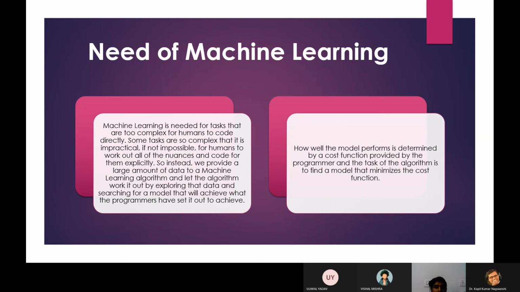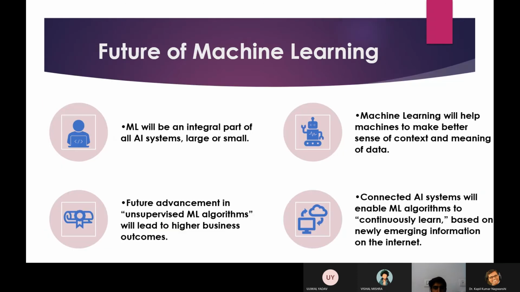So instead, we provide a large amount of data to a machine learning algorithm and let the algorithm work it out by exploring that data, by searching for a model that will achieve what the programmers have set out to achieve. How well the model performs is determined by a cost function provided by the programmer, and the task of the algorithm is to find the model that minimizes the cost function.